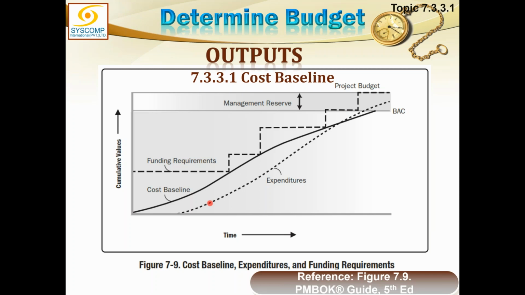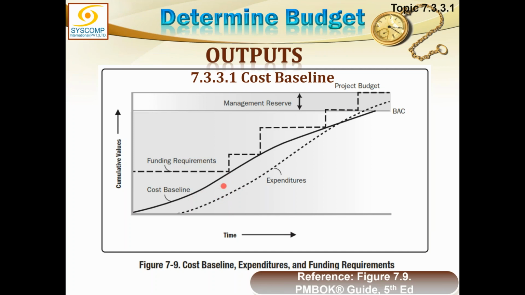I should have done this much. So we are short by this time. This much work we have done less. So I will try to catch up in the next progress update. Say that is this point. So by this point, I would like to bring this line of expenditure up to the cost baseline. Actually, there are going to be 3 lines running.